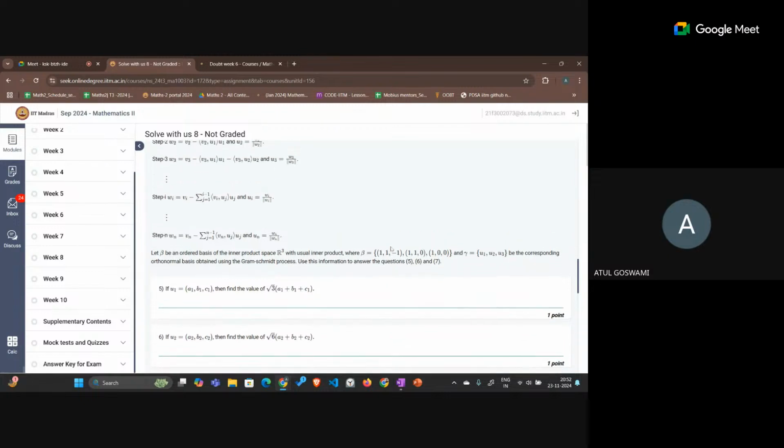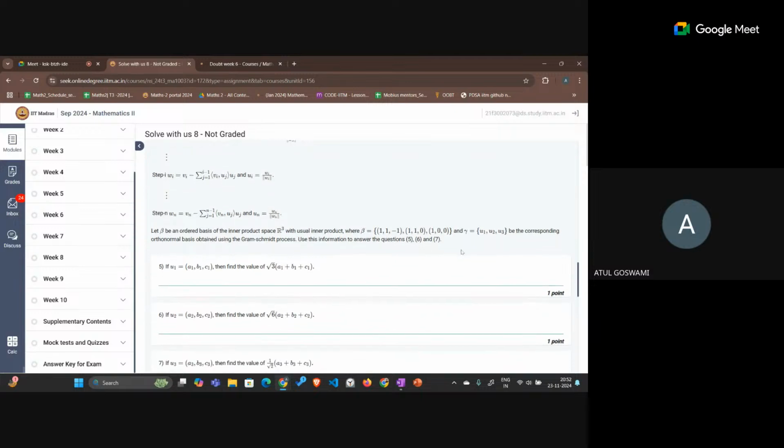Let beta be an ordered basis for the inner product space R3 with the usual inner product, and beta is this, gamma is this, the corresponding orthonormal basis obtained using the Gram-Schmidt process. So gamma is the orthonormal basis made from this beta.